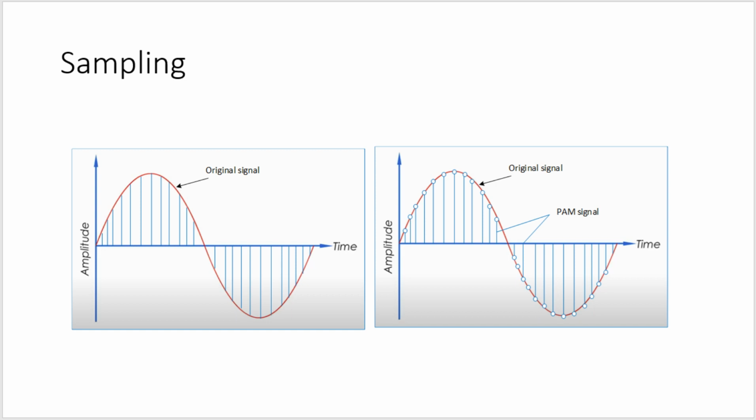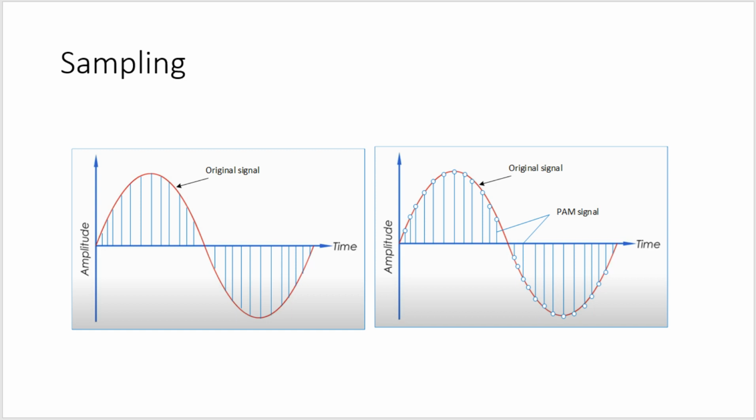So what is the standard sample rate? For example, the telephone sample rate is 8 kilohertz, so that is 8,000 samples per second. And for voice over IP, the sample rate is 2 times the telephone rate, equal to 16 kilohertz.